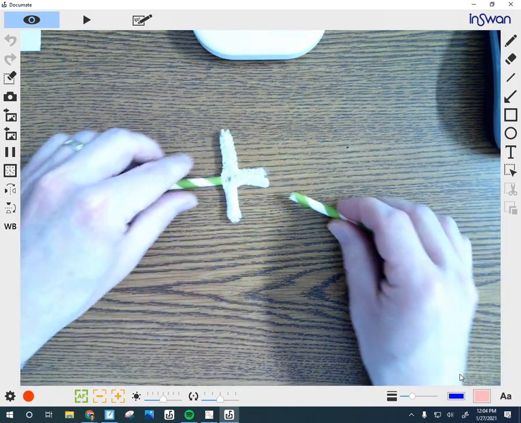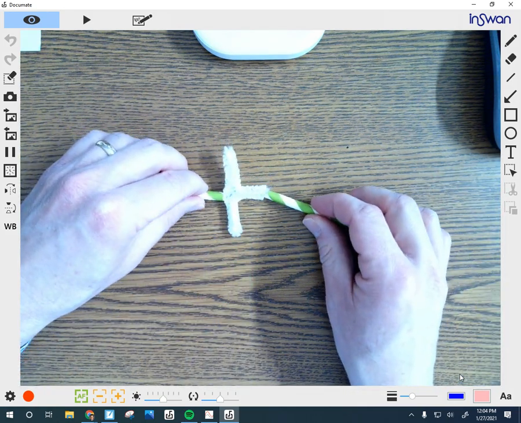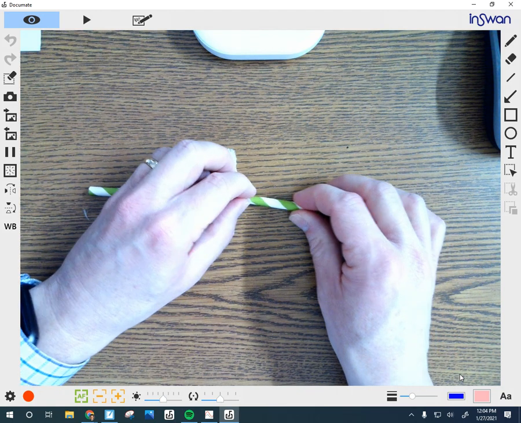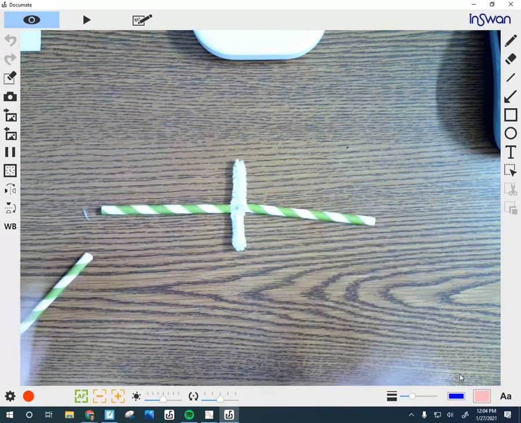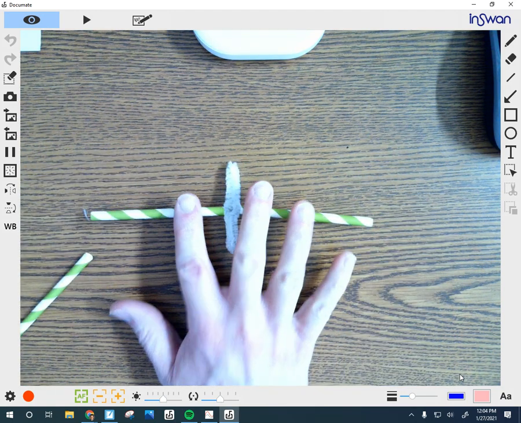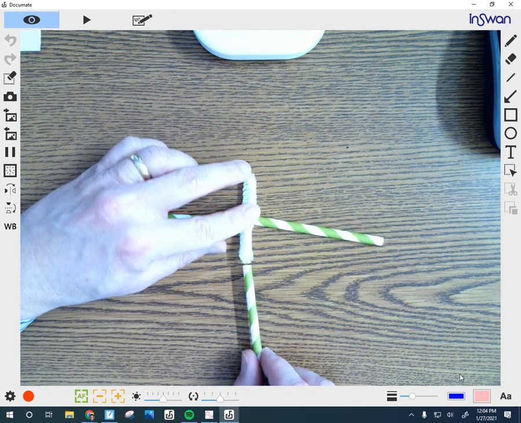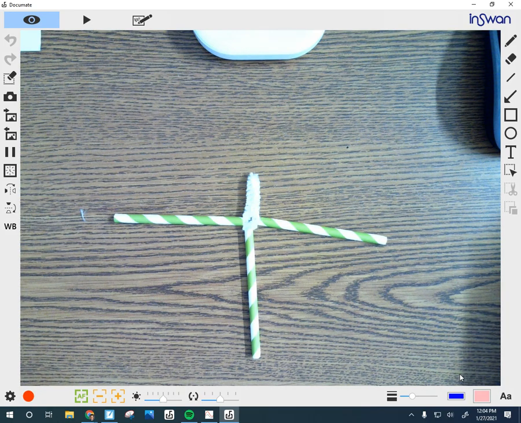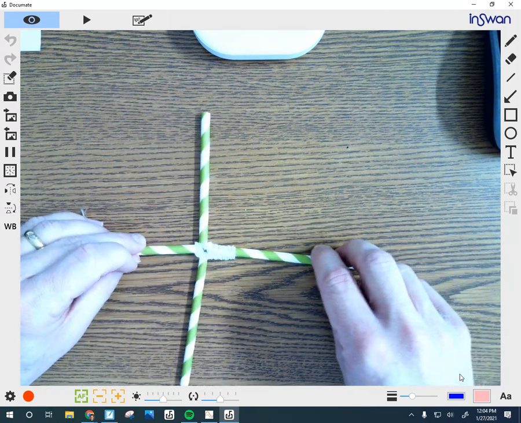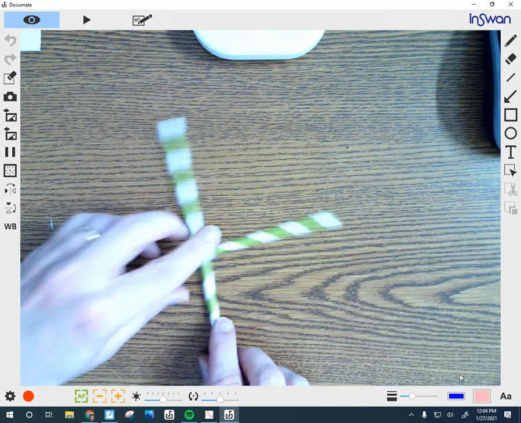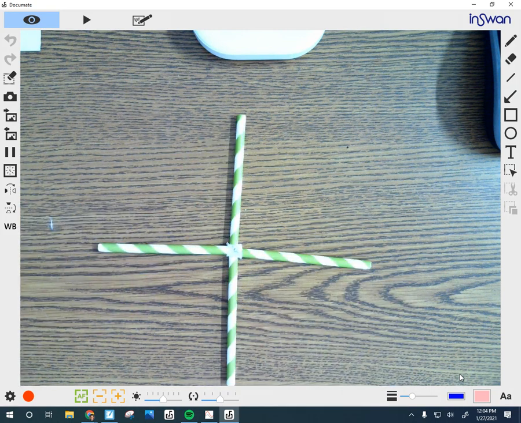The other tricky one is, again, the one that has two different wires, but you want both wires to go into the straw. There we go. And then here, and then here. So we have kind of a plus shape for CH4.